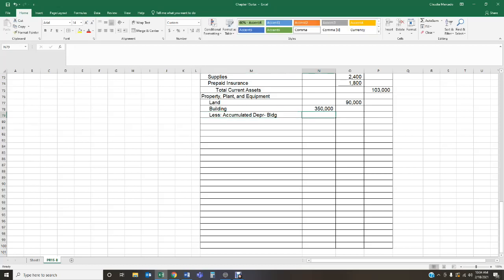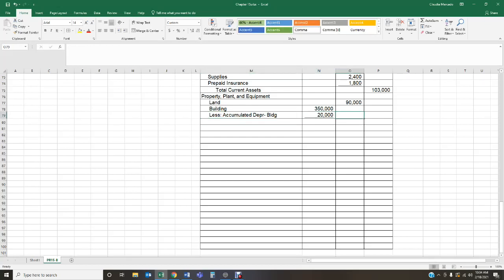My accumulated depreciation was 20,000. That means my book value for my building is going to be the 350 minus the 20. That gives me $330,000.